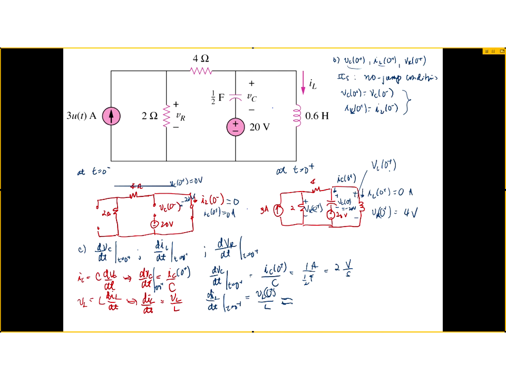It's not necessarily because of the inductor, it was actually because of the capacitor right next to it. That cannot change. So VL of 0 plus is 0, therefore dIL/dt at 0 plus will be 0. We can put units just as amps per second.